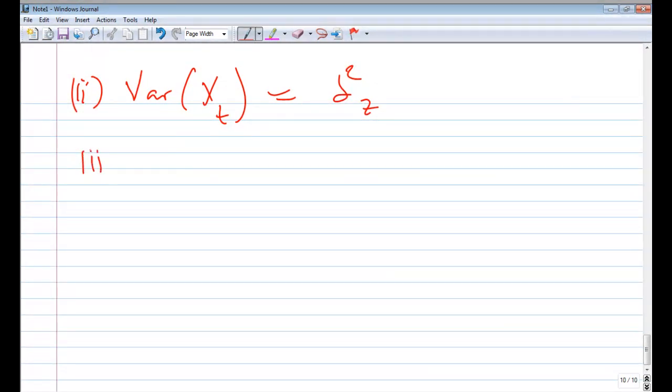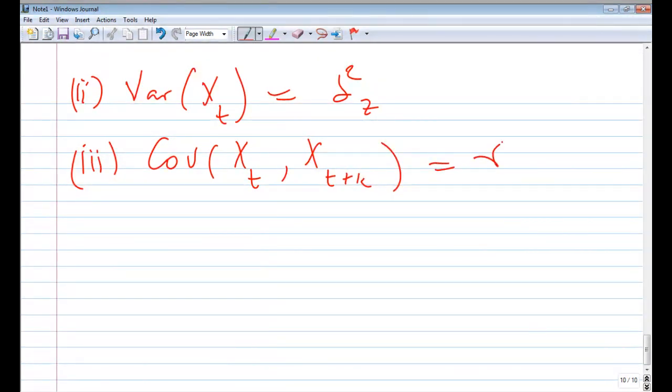Condition number 3, the covariance of Xt and Xt plus k is equal to gamma k.